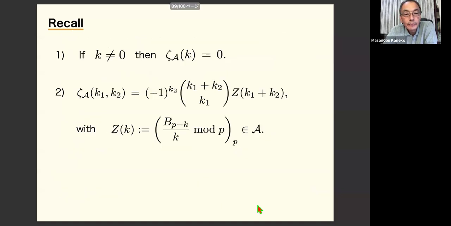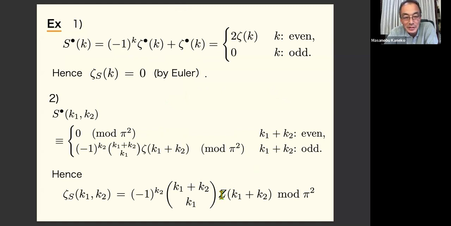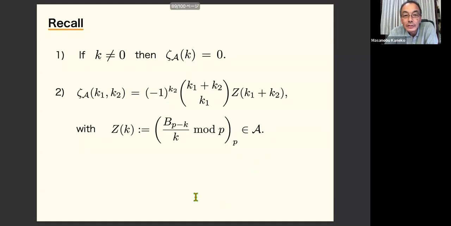But remember, in the finite MZV case, the single zeta sub A of k was 0, and the depth 2 one is this one. So this is the same, but this is a typo, so this is zeta modulo pi squared. So very, very similar.